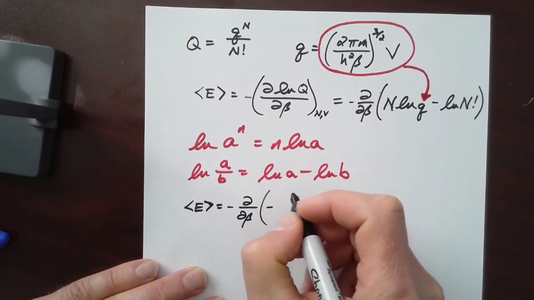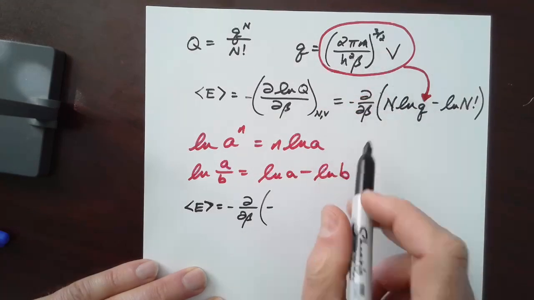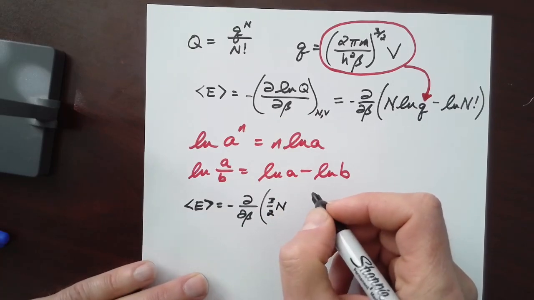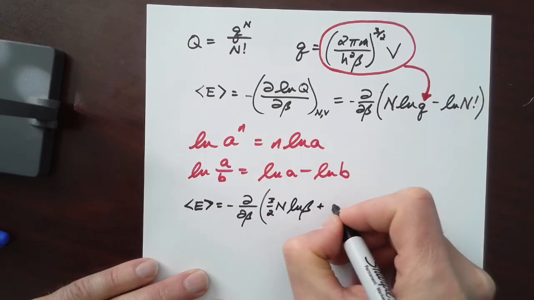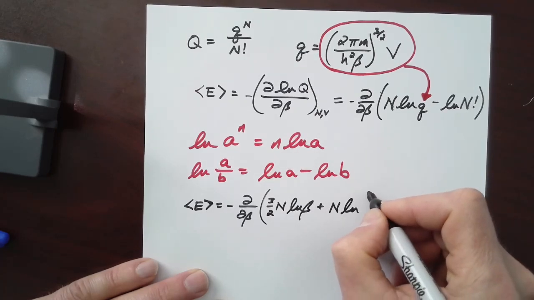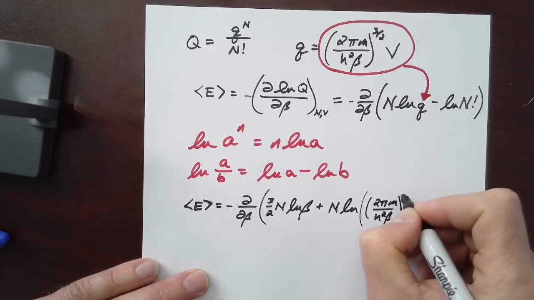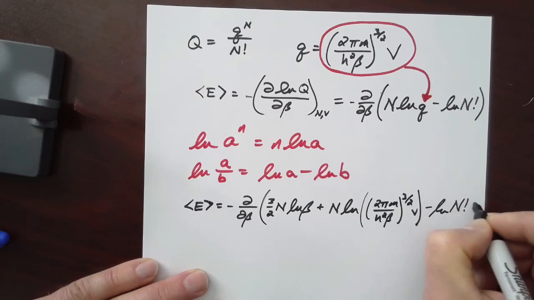There's 3 halves N times the natural log of beta plus N times the natural log of (2 pi m over h squared) to the 3 halves V, minus ln of N factorial.